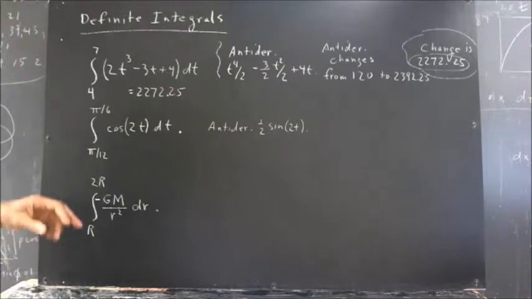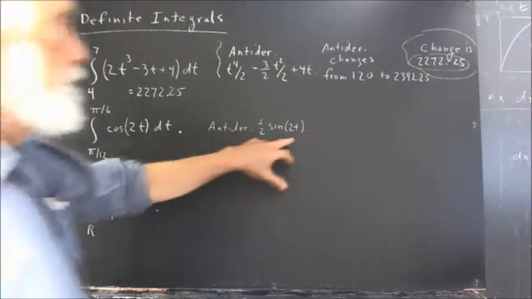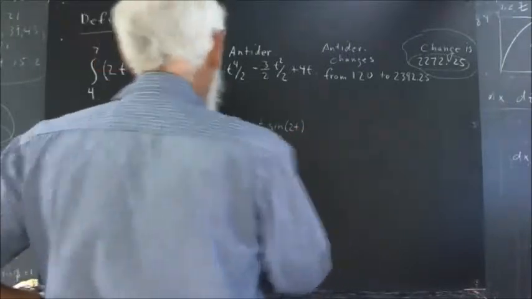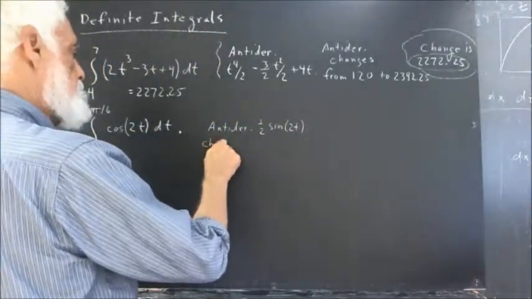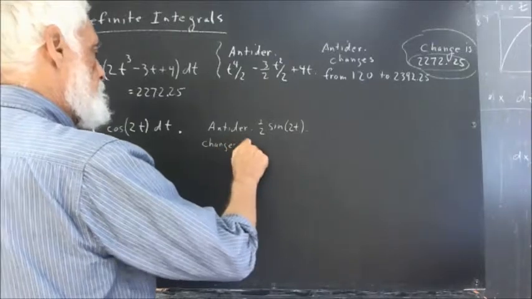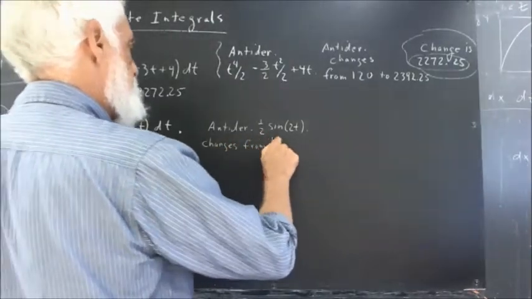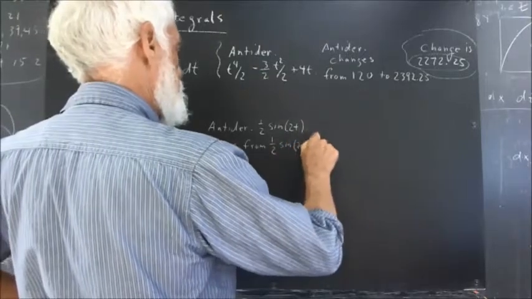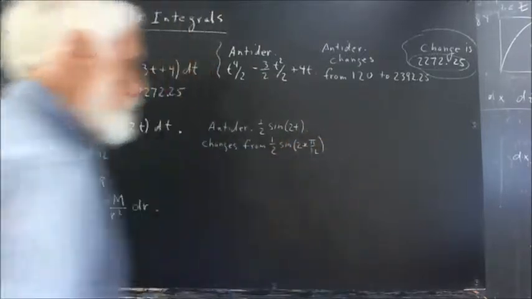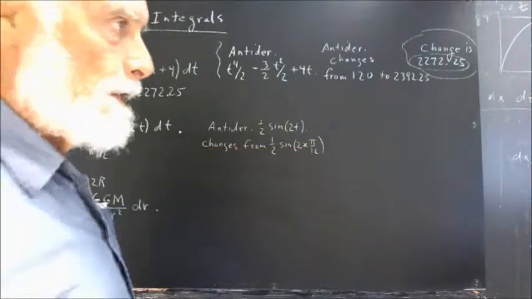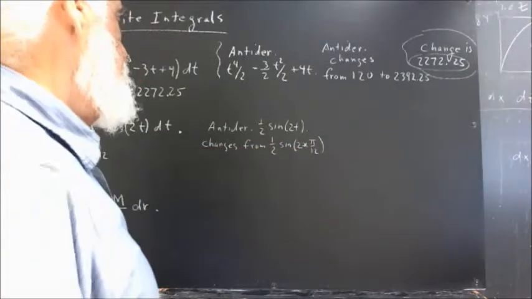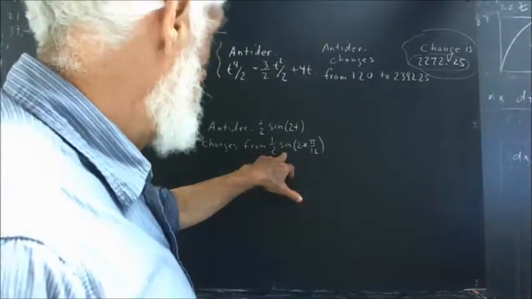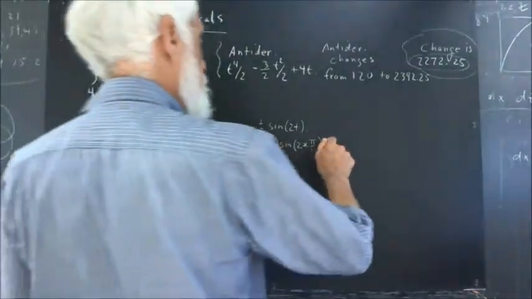When t equals pi over 12, 2t is pi over 6. You should certainly know that the sine of pi over 6 is 1/2, so this is 1/4.